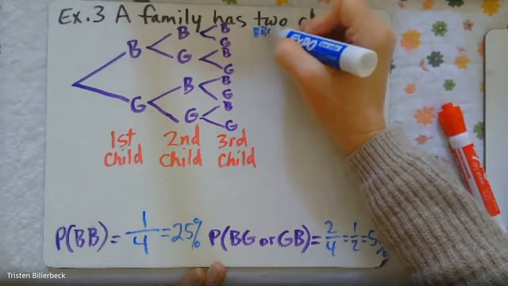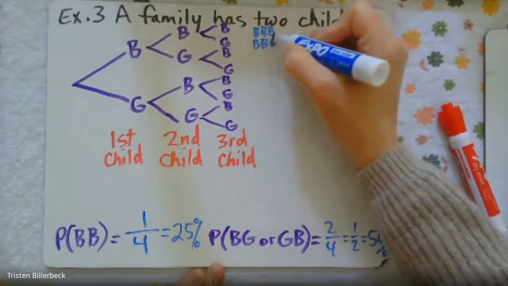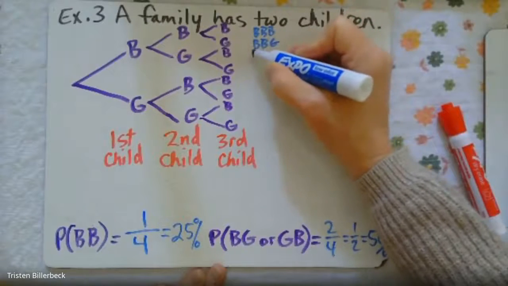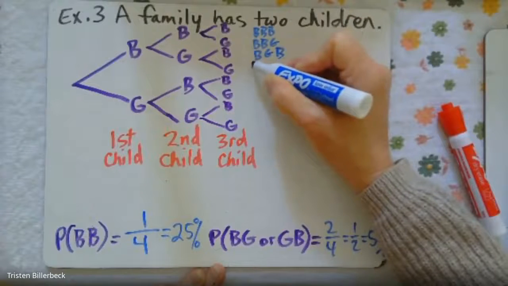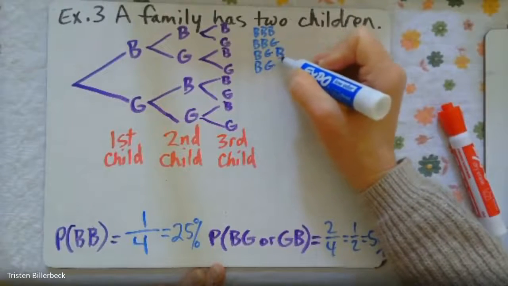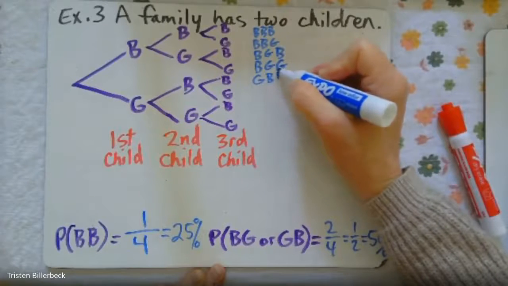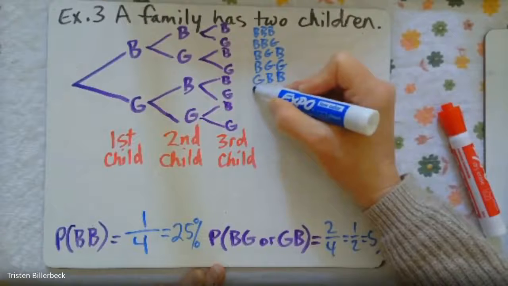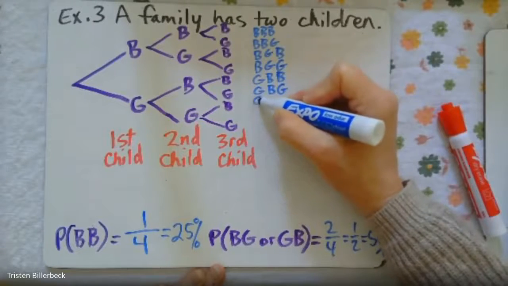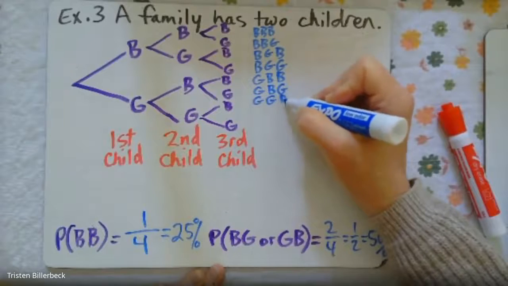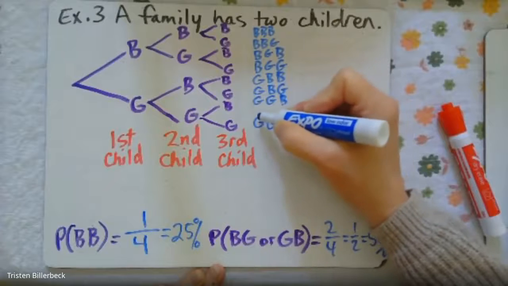We have boy, boy, boy; boy, boy, girl; boy, girl, boy; and boy, girl, girl. Here we have girl, boy, boy; and girl, boy, girl; and girl, girl, boy; and girl, girl, girl.